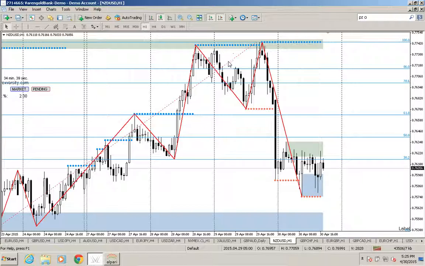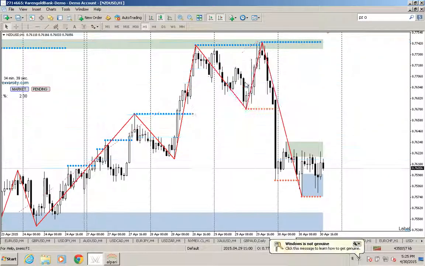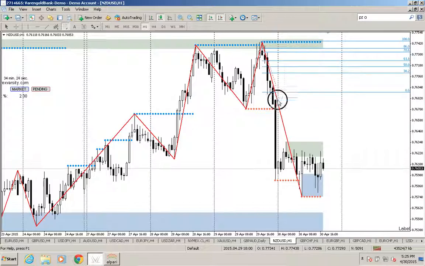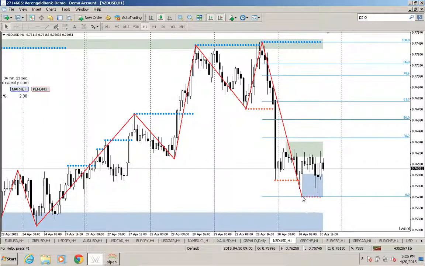Go to 1 hour, let's look at it. So we're on New Zealand dollar, US dollar. And we draw Fibonacci from our most recent high to most recent low.